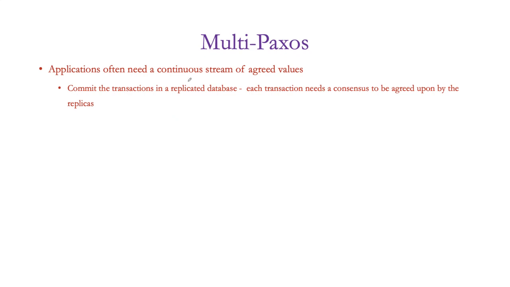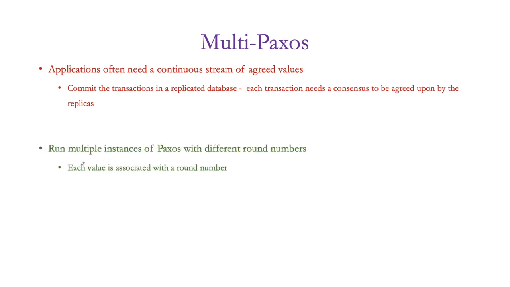Another is committing transactions in a replicated database. Each transaction needs consensus to be agreed upon by the majority of the replicas, in this case the network. So we run multiple instances of Paxos with different round numbers. That is achieved with a timestamp and a hash function. Each value is associated with a round number.